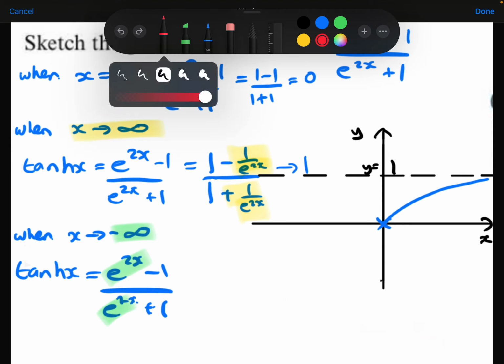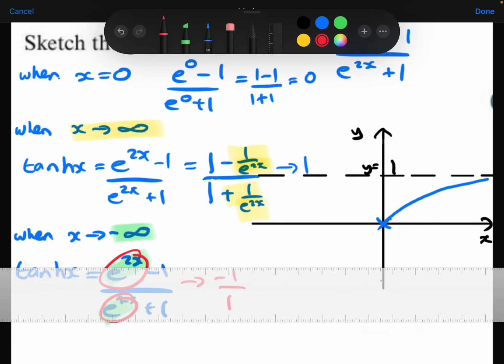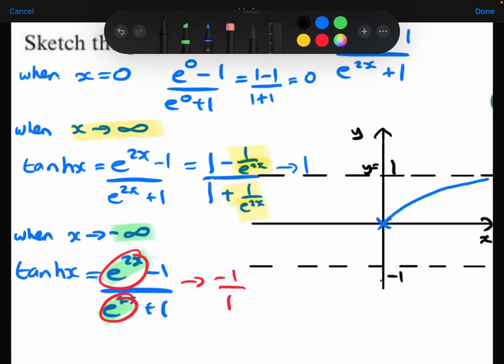So if this tends towards 0 and this tends towards 0, then the whole thing is going to tend towards minus 1 over 1, which is minus 1. So we have a negative 1 asymptote down here as well, and my tanh graph is going to look like that.